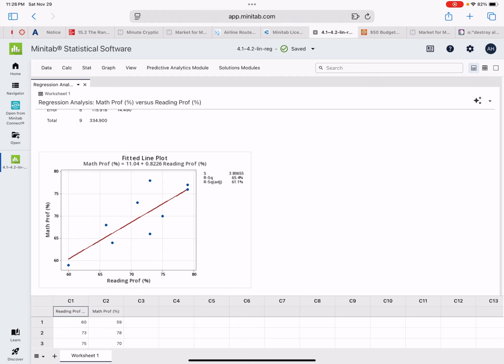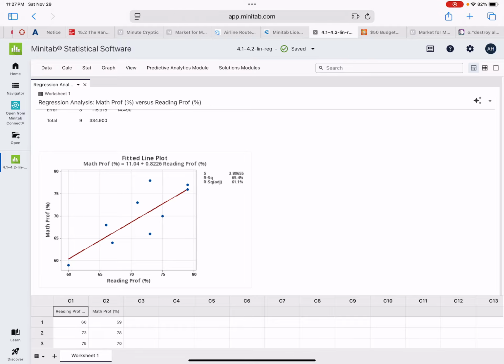And then when reading proficiency is high, math proficiency tends to be a bit high. Now, of course, this is on average. It's not a perfect relationship, but there is a relationship there. Don't worry about the line for right now. Just note that we do have what appears to be a positive relationship between the two proficiencies.